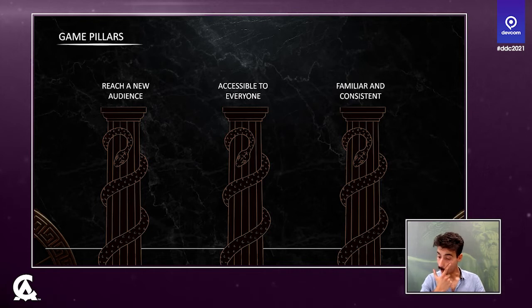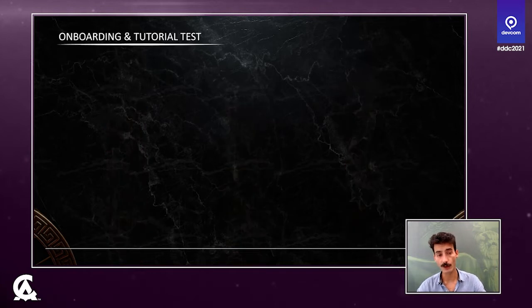Now, in February 2020, right before we entered Alpha, we had our first external onboarding and tutorial test. This was by the time when most of the tutorialization was already in the game. We had the initial part of the game already in, and we were pretty confident about that.